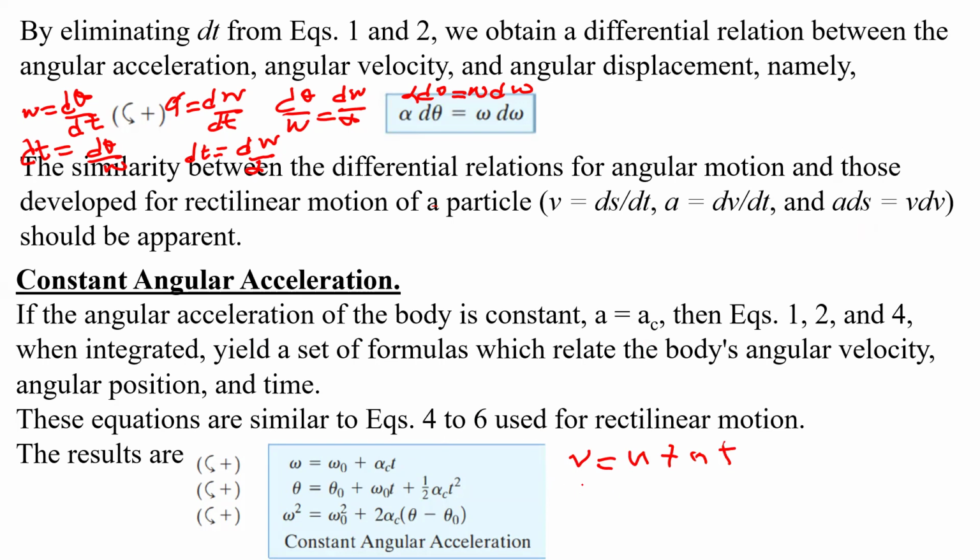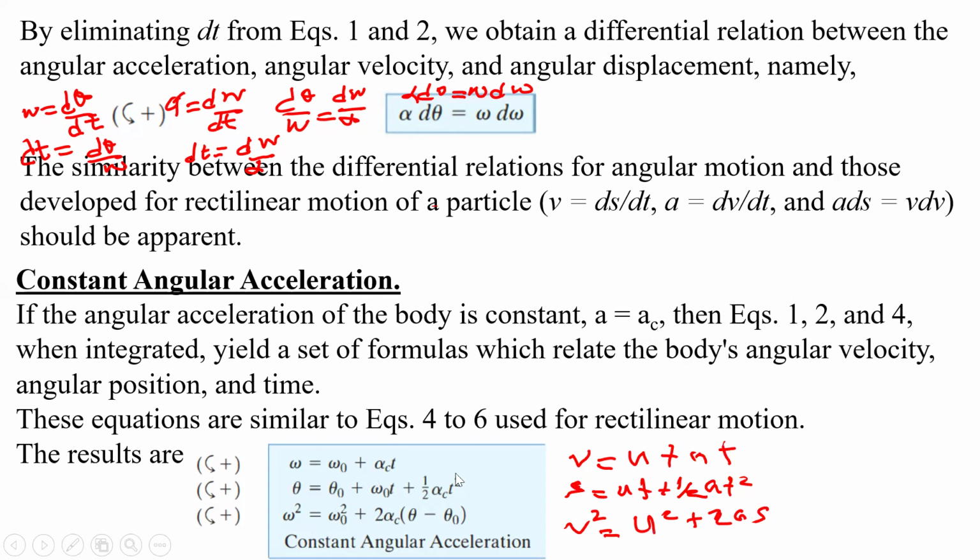Then s is equal to ut plus half a t square. And then the third one is v square is equal to u square plus 2as. This is for rectilinear, that is linear motion.